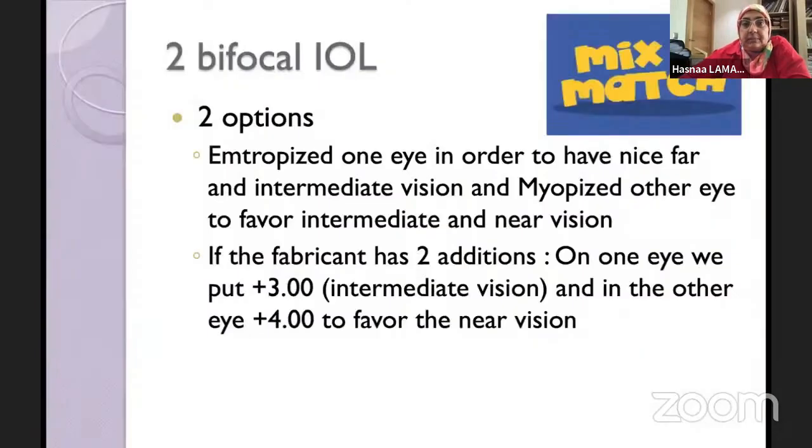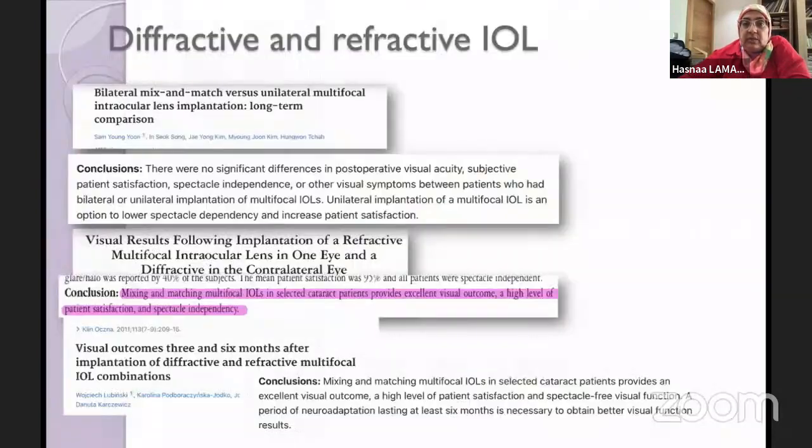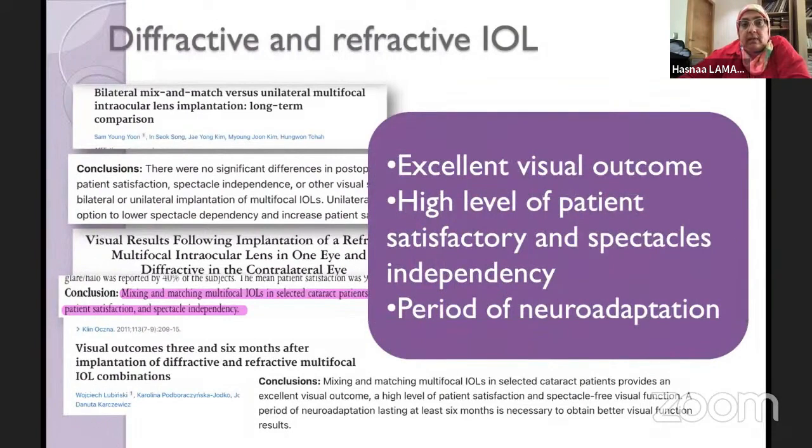We can mix 2 bifocal IOLs with 2 options. We emmetropize as we do, and if the manufacturer has 2 additions, in one eye we put +3, and in the other eye we put +4 to favor near vision. We can also associate diffractive and refractive IOL to give excellent visual outcome, high level of patient satisfaction and spectacle independence, but it needs a period of neuroadaptation.